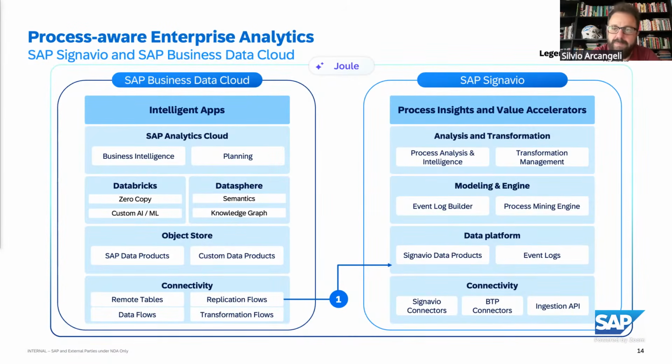So you can basically extract your data from SAP on-premise or private cloud, or public cloud as well, straight into Signavio without having to stage it anywhere. So you can of course also stage it in BDC or HANA Cloud if you want for other purposes, but it's not mandatory, or at least it's not mandatory anymore.